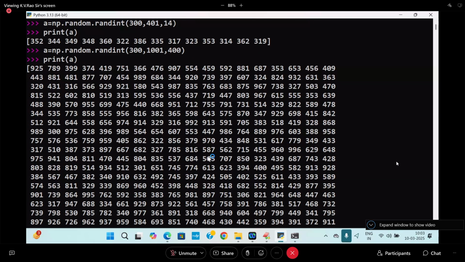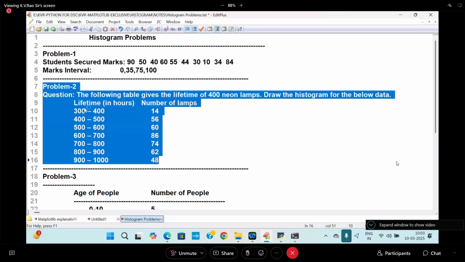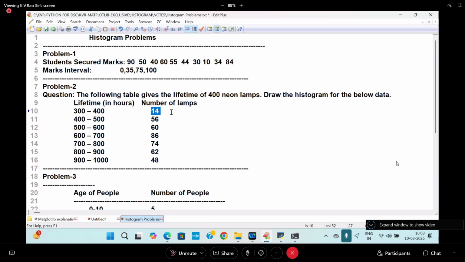But whether in the 300 to 400 interval exactly 14 will come or not is a question mark. Are you following? That's why I am taking them separately here. Online students, I hope you are following this part.